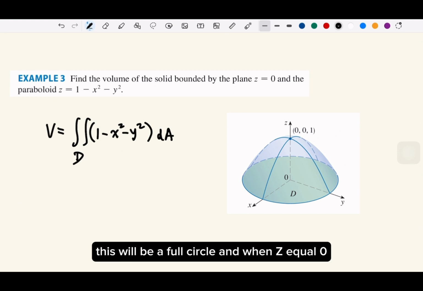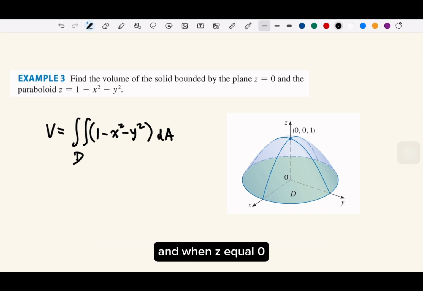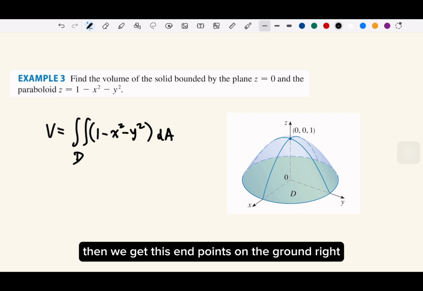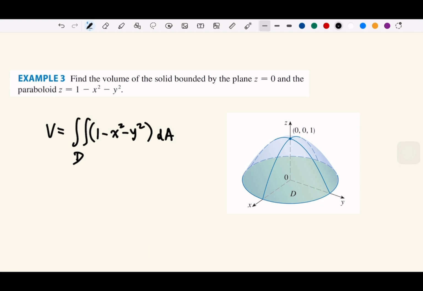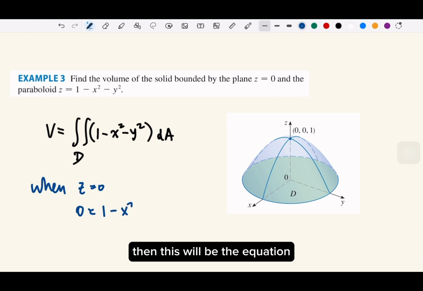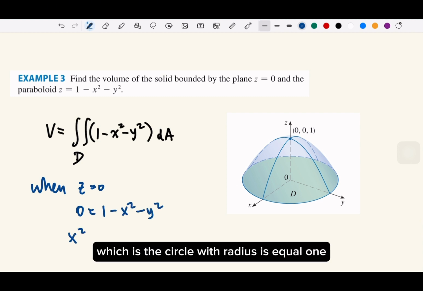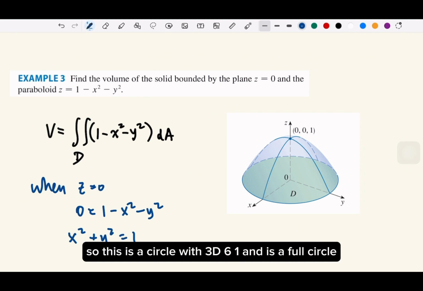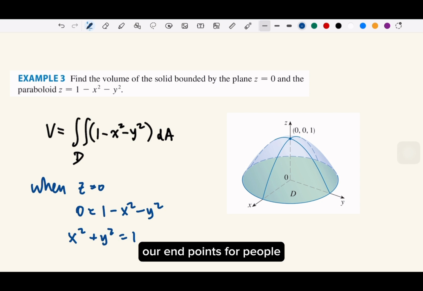When z equals 0, we get these endpoints on the ground, and the equation is a circle with radius equal to 1. This is a full circle, which means theta goes from 0 to 2 pi. So those are our endpoints for the bounds, and we can write this.